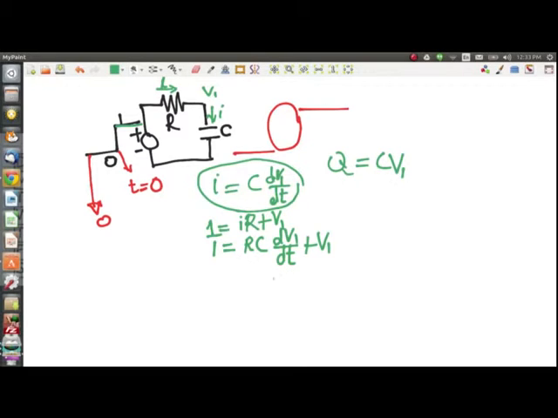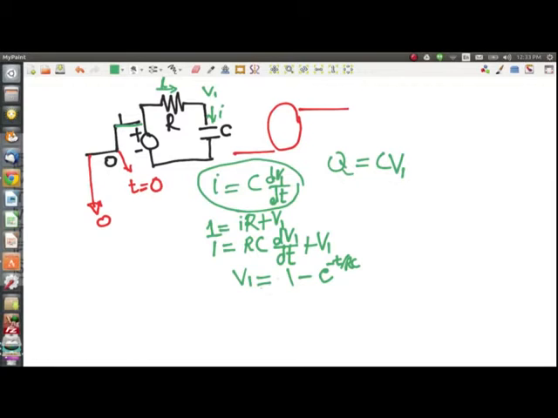So anyway, in this case, I'll just tell you V1 is equal to 1 minus e to the power of minus t by RC.